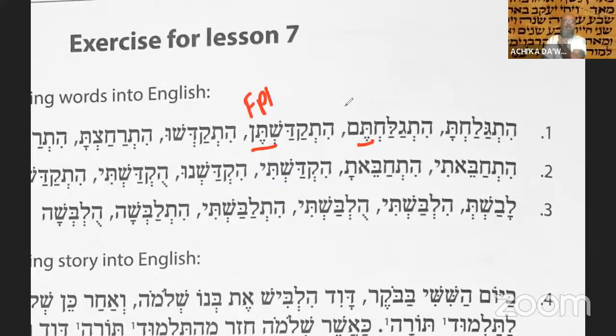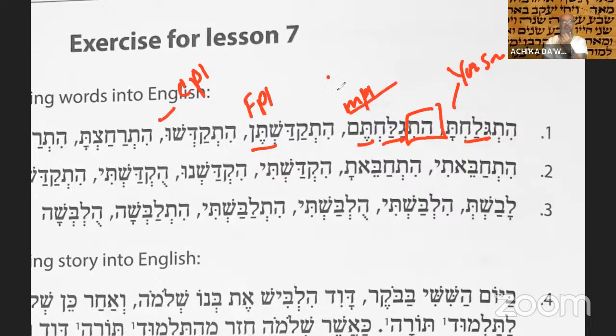So depending on what the ending is, the ending will tell you if it's feminine plural, masculine plural, common plural, or you singular. You already know what the roots are. And then you have the added piece that tells you that you're in group number 4, that something's being done on yourself, myself, yourself.